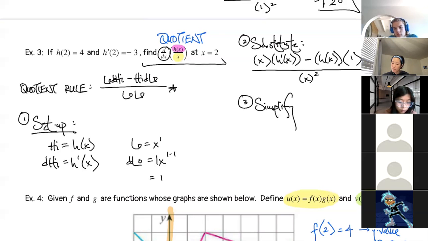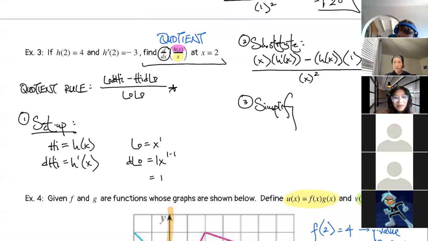Now let me pause for a moment. How are we feeling about the connection between our setup and substituting everything in? Does that make sense? Would we like some color coding to make sure we know where things went?